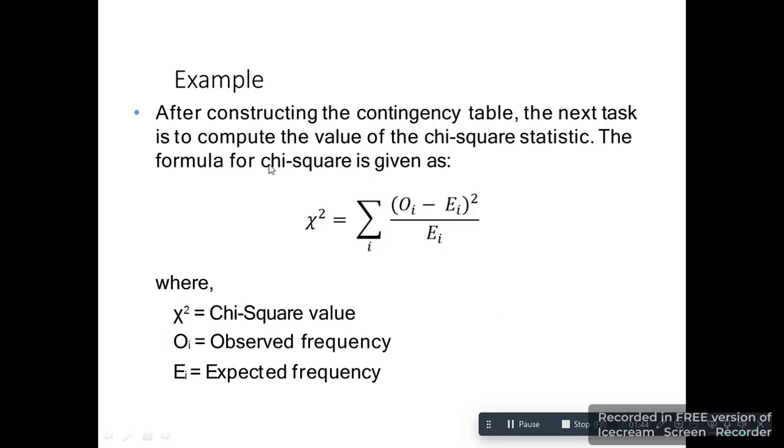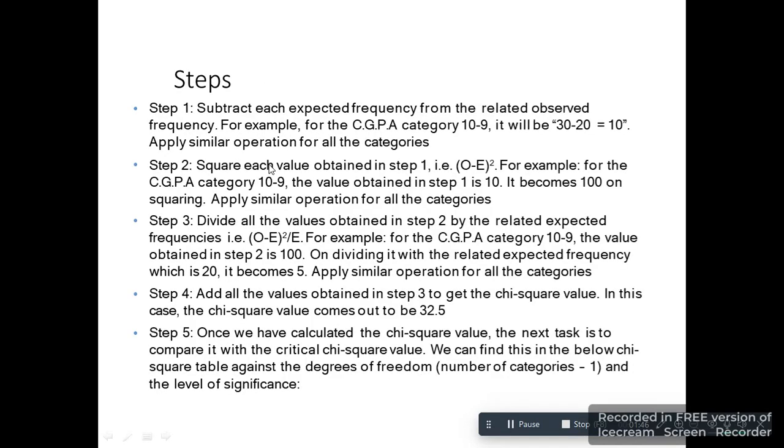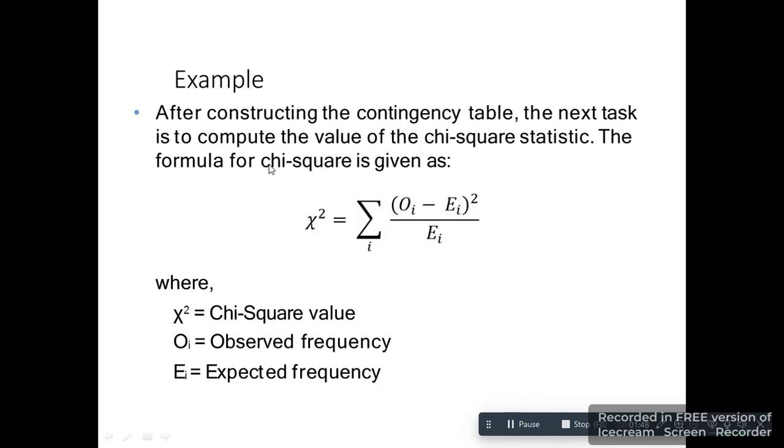the next part is to compute the value of the chi-square statistic. The formula is chi-square equals the summation of (O_i minus E_i) square upon E_i.